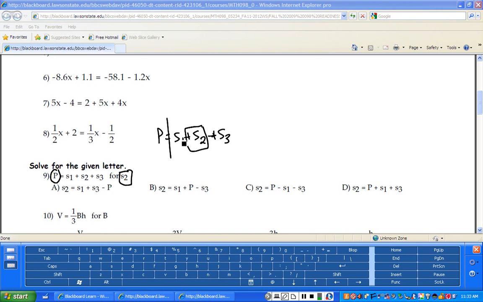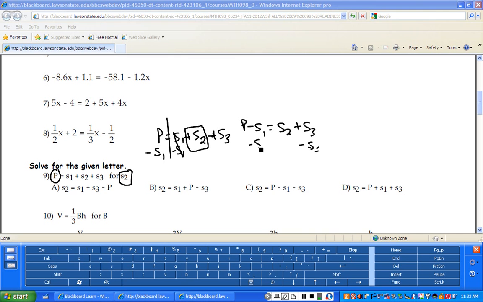Now this S1 is positive, so I subtract S1 to move it. If I do it on one side, I have to do it on the other side. So S1 cancels. P minus S1, these are not like terms, so we write it out. P minus S1 equals S2 plus S3. Still want S2, so we got to get rid of the S3. So subtract S3 on both sides.